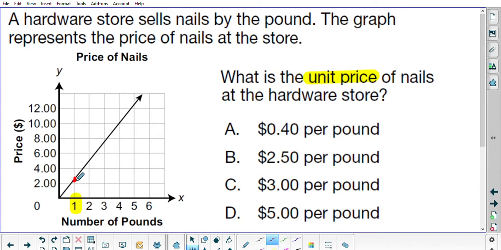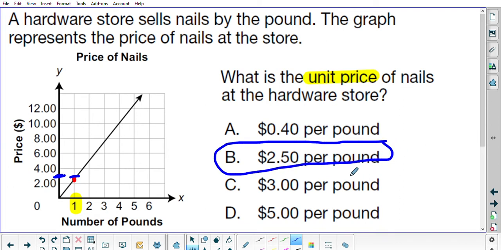Now, you can see this would be a little bit higher than $2, but it's not at the halfway point between $2 and $4. It's a little bit under that $3 mark. So makes sense to me. This is probably somewhere around $2.50 or $2.75, and it just so happens choice B then is the choice that does make sense.